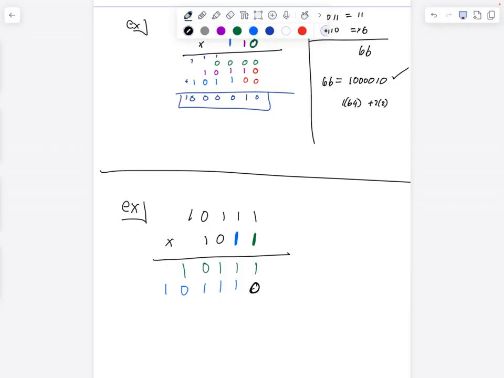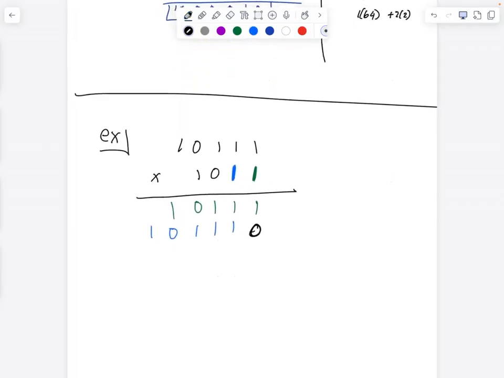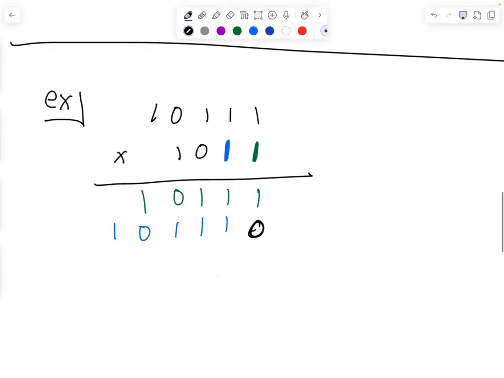And then I just get to add. All right, so let's add. 1, 0, 0, 0, 1, 1, 0, 0. 1, 1, 1. 11, or you could just have the extra 1. 1, 1, 1.